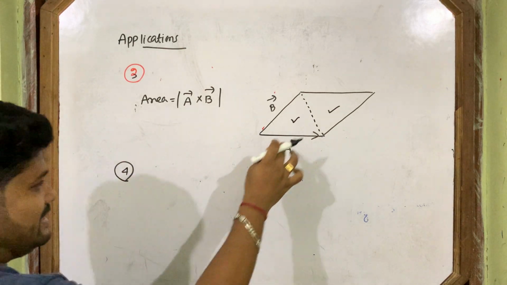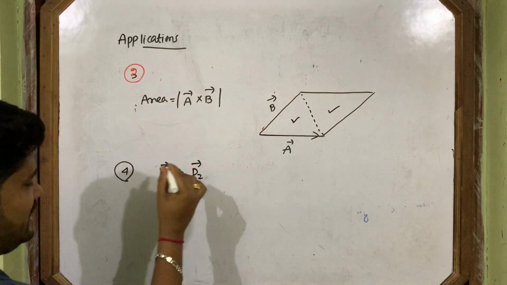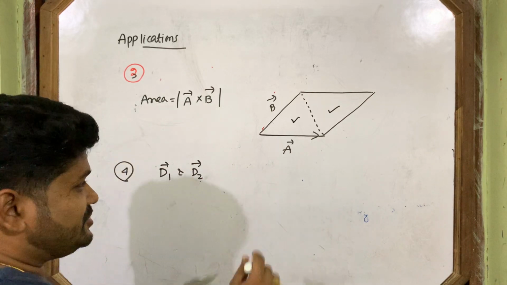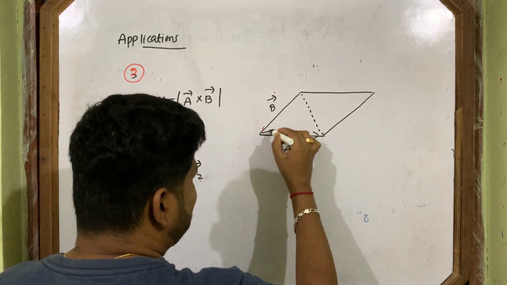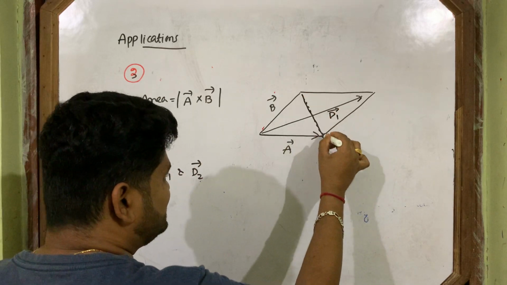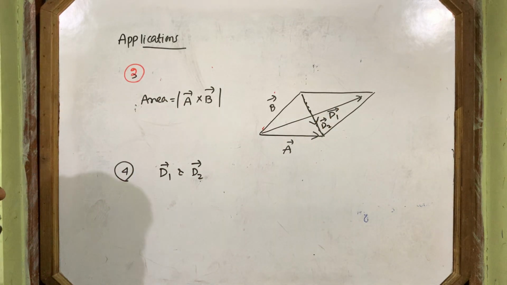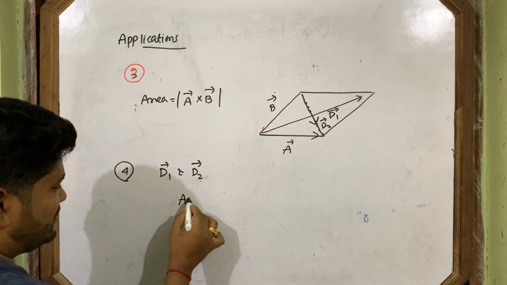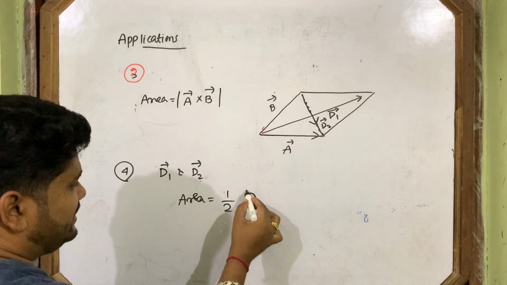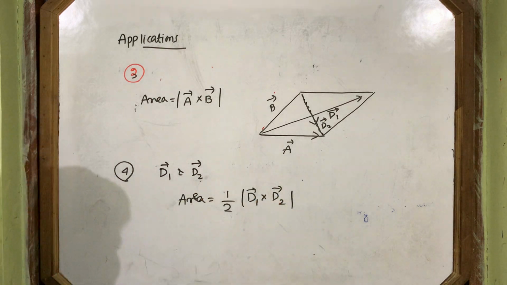If D1 vector and D2 vector are two diagonals of a parallelogram, see, if this is D1 vector and this is D2 vector, so these are the two diagonals of a parallelogram, then area of a parallelogram is equal to half D1 vector cross D2 vector mod.